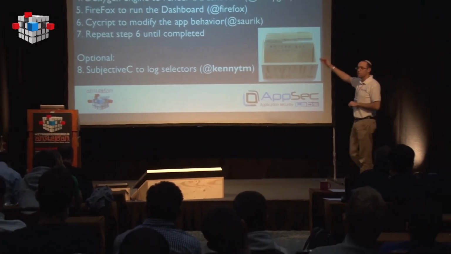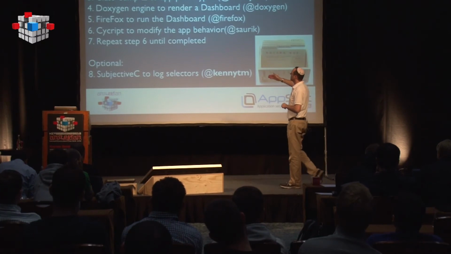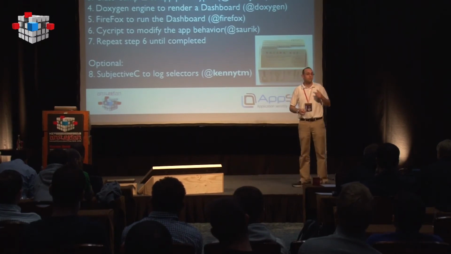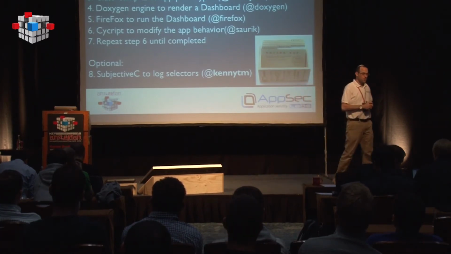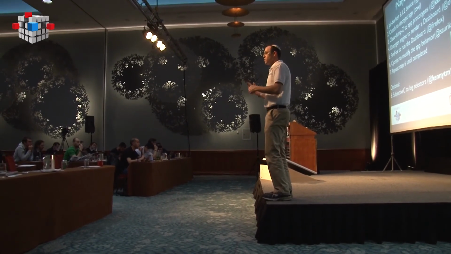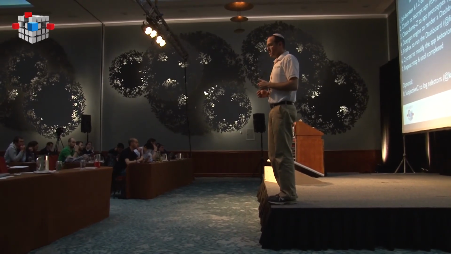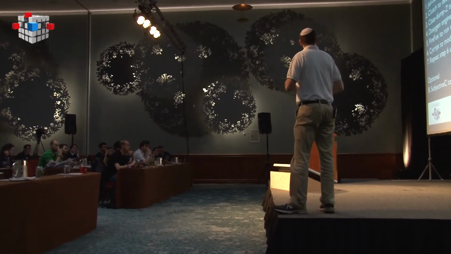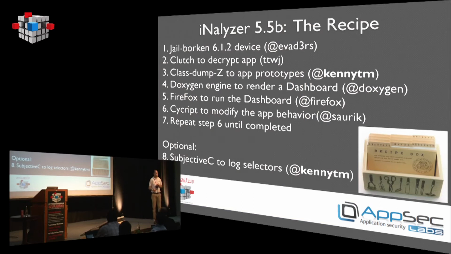And I just need to repeat steps 6 and 7 until the black box is completed. If I really and truly want to do some advanced monitoring, I can monitor whatever is going on in the application using Subjective-C, which implements a new implementation using message function interposing on the Objective-C msgSend selector, which is the main selector that goes on in any Objective-C application, thanks to Ken.